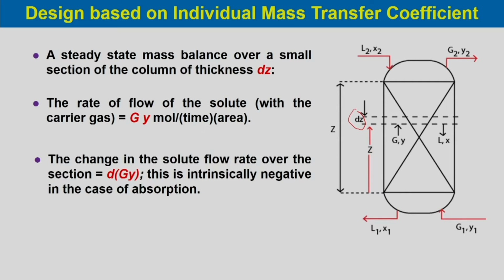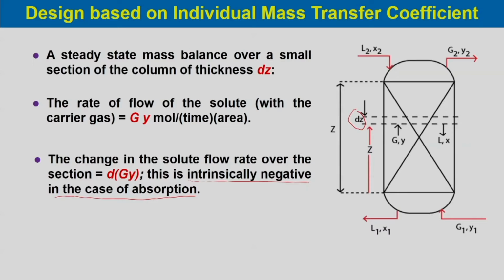The change in the solute flow rate in this section would be d(Gy). This is intrinsically negative in case of absorption, because the solute transfers from the gas phase to the liquid phase, so the solute concentration is decreasing as the gas flows from one location to the other.